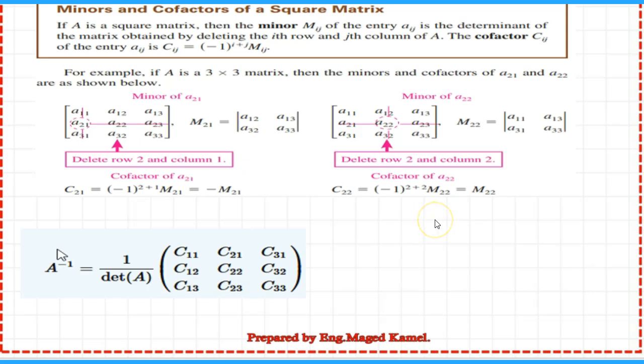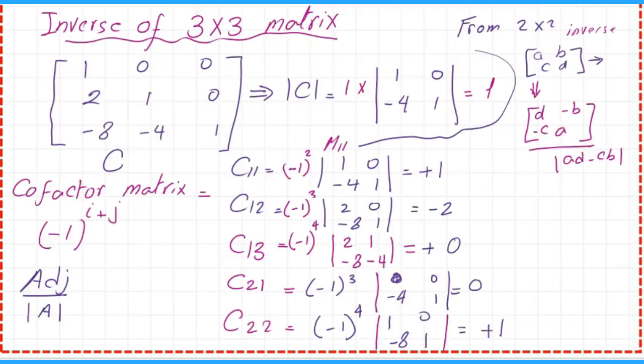And this is another example, C22. It will be minus 1 raised to the power of 2 plus 2 multiplied by the minor matrix M22. We get the determinant value of that minor matrix. So the title is Minors and Cofactors for Square Matrix. Okay.